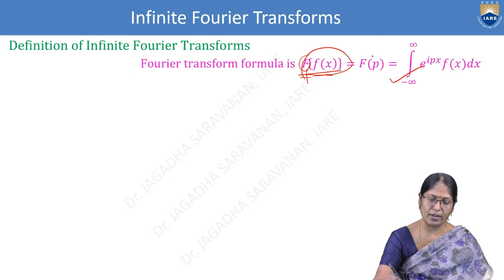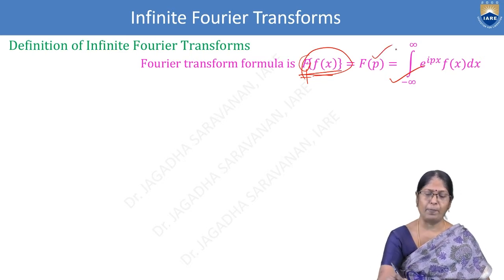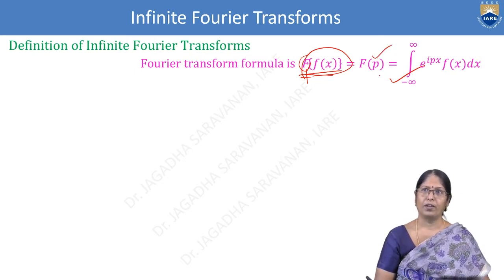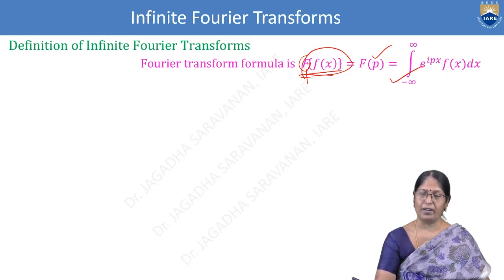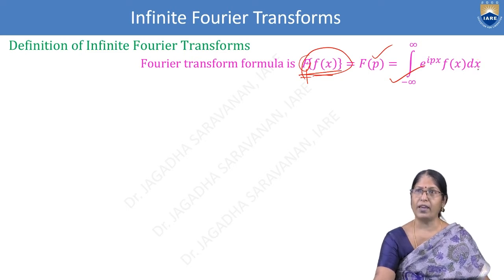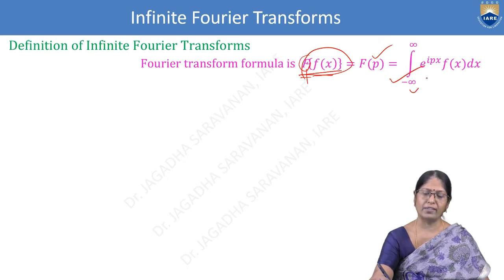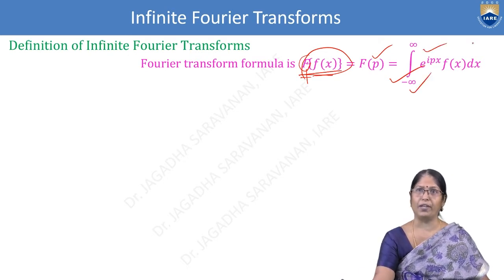We can write it in another way: capital F of p is nothing but the integral of e power ipx f of x dx, with the limit from minus infinity to infinity.